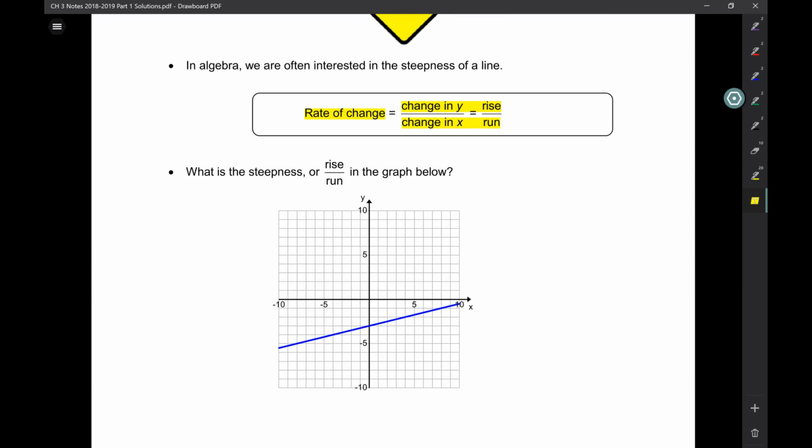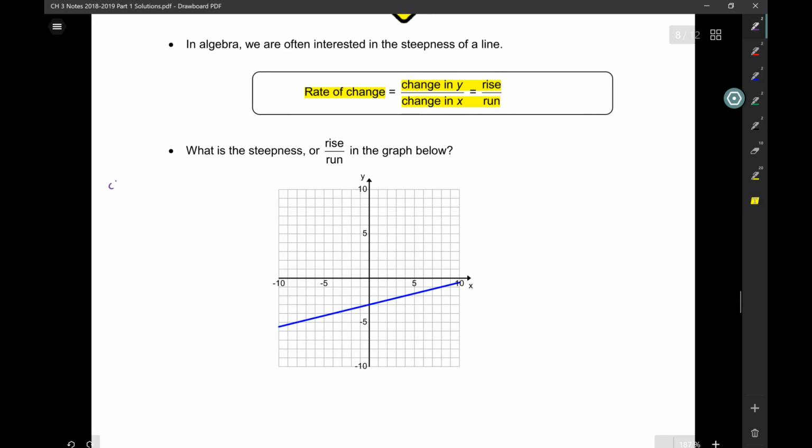Okay, so take a look here. What is the steepness of this line? What is the rise over the run of this line? To do this, here is what we do. We choose 2 points on the line, right?